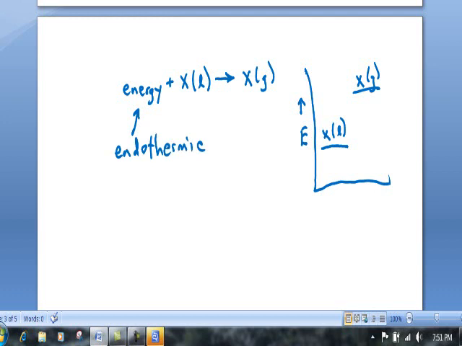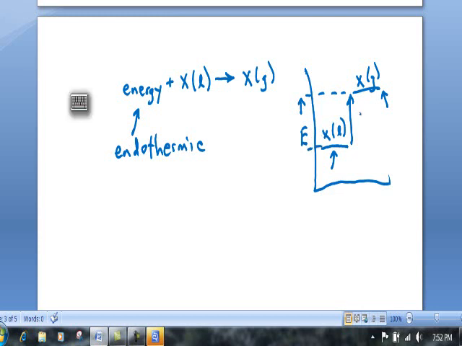If we look at this graphically, another way to depict it is that the liquid form is at a lower energy state than the gaseous form, which is true for all materials. Liquids are at a lower energy state than the gaseous form. The energy we have to put into a system would be the difference in energy between the gaseous state and the liquid state.